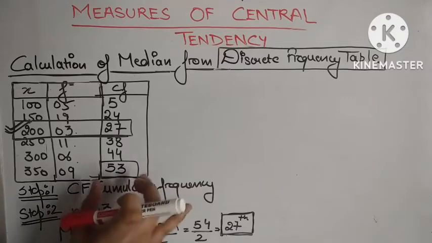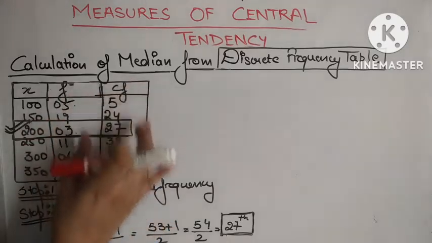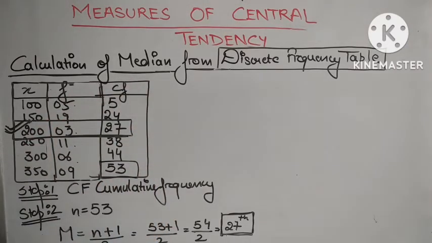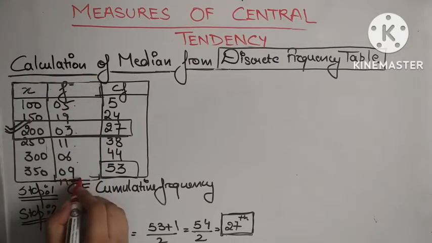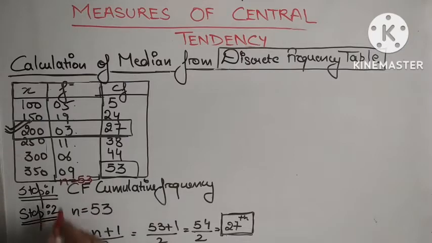Now the total sum of this cumulative frequency is n, and if you add all these, you will get 53 only. So here I have put n as 53, and to know which value is exactly the median value, the formula is (n plus 1) by 2th.